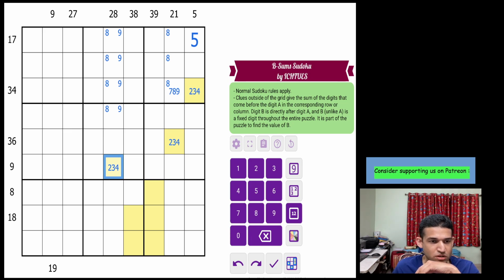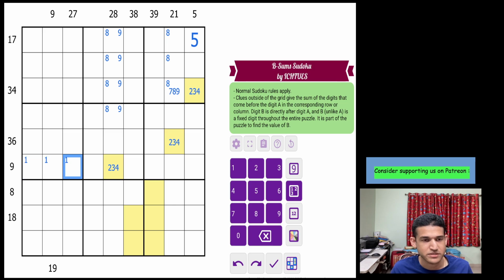Okay, so if you look outside row 6, you have a 9 clue here. So A goes in this cell, and which means these 3 cells add up to 9, which means 1, 2, 6, 1, 3, 5, or 2, 3, 4. Okay, 2, 3, 4 is not possible because you have possibilities of 2, 3, 4 here. So it is 1, 2, 6 or 1, 3, 5. So 1 is common between both. So 1 has to be here.